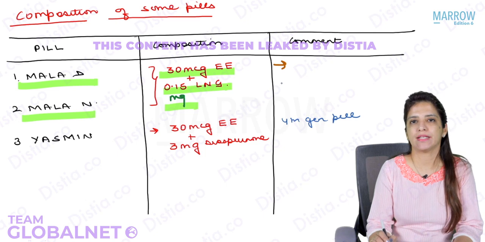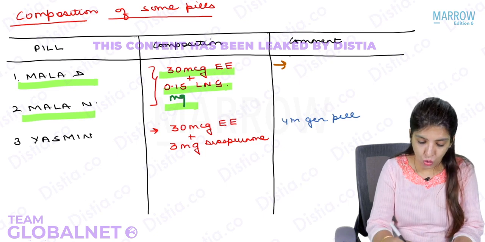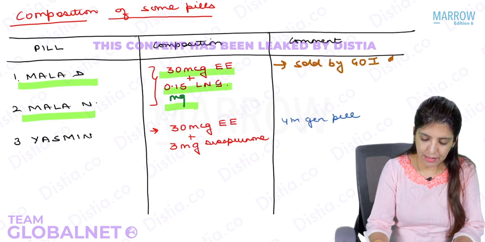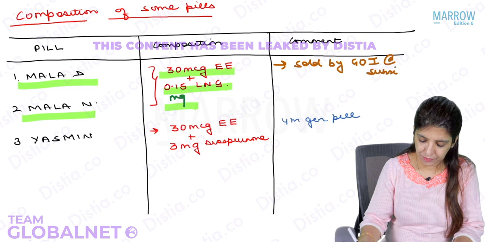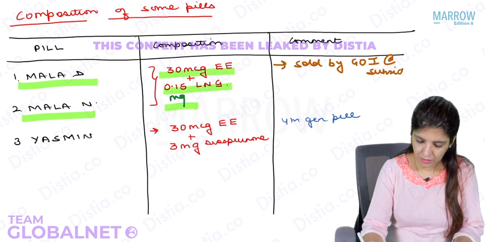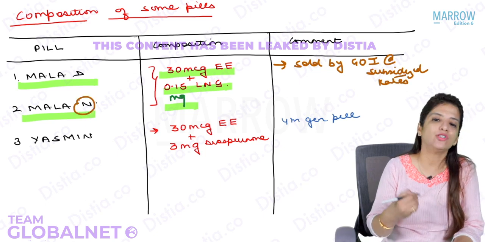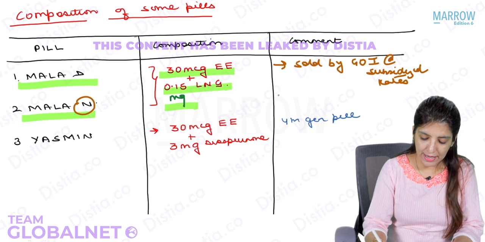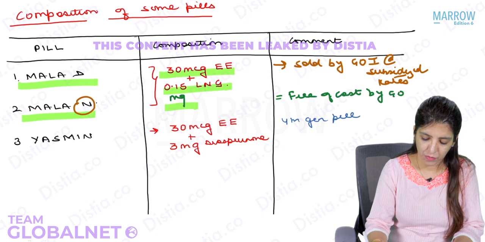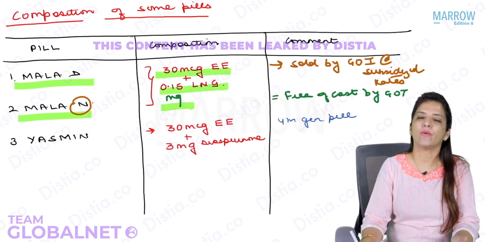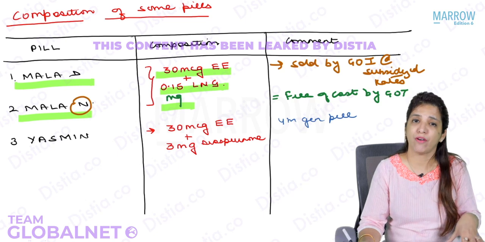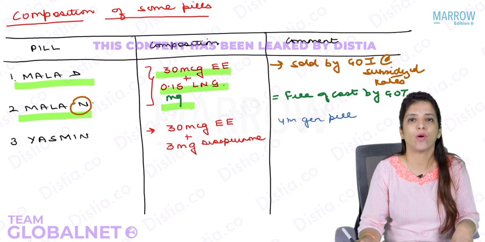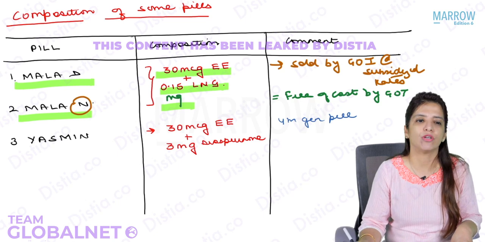Mala D is sold by the Government of India at subsidized rates, whereas Mala N means no cost, right? So Mala N is distributed free of cost by the Government of India. That's the only difference. Otherwise, composition-wise, both of them have 30 micrograms of ethinyl estradiol and 0.15 mg of levonorgestrel.